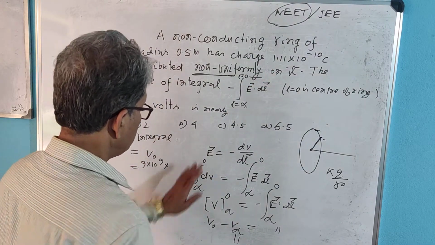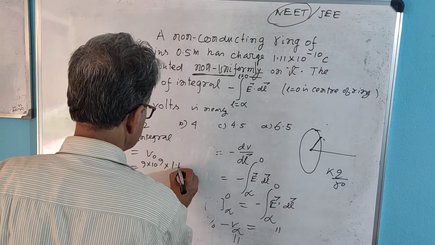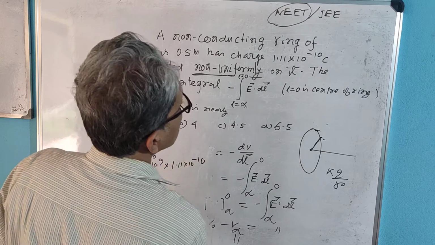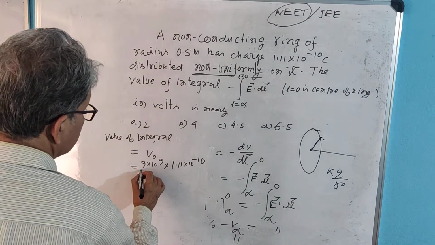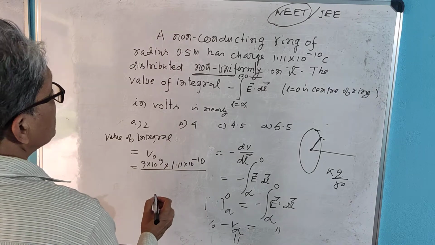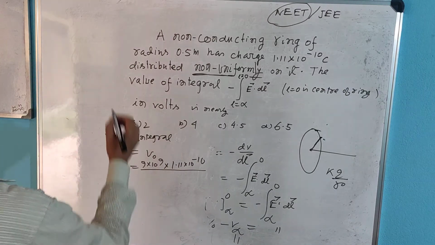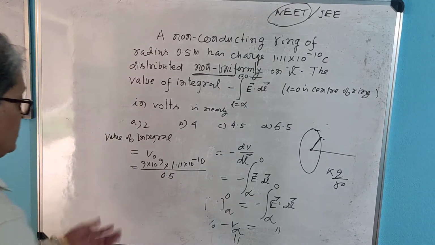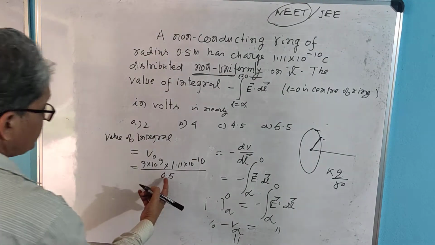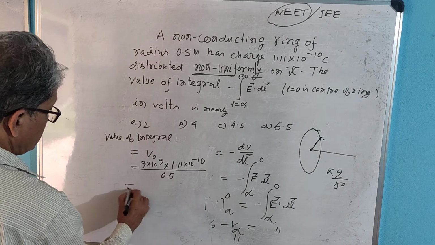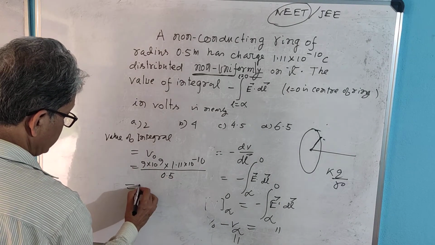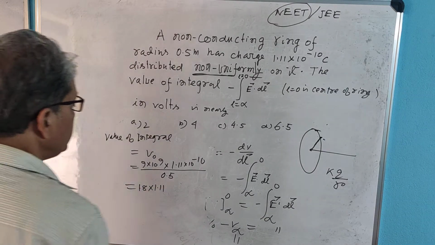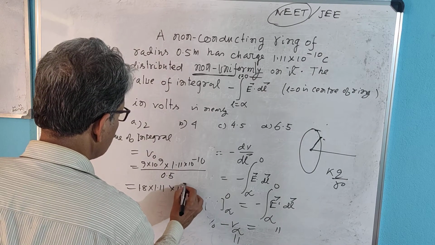Q is 1.11 into 10 to the power minus 10 coulomb in SI unit, and the radius is 0.5 meter. Problem solved. 0.5 means half, so multiplying by 2 gives 18 into 1.11 into 10 to the power minus 1.